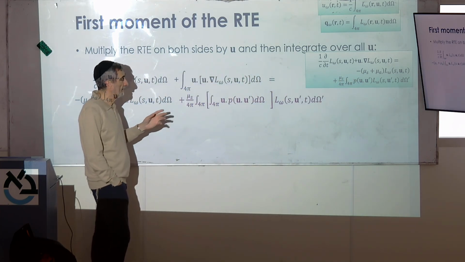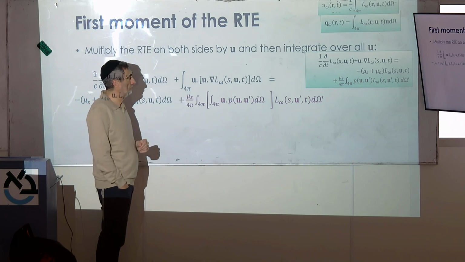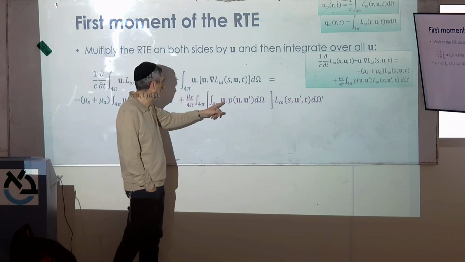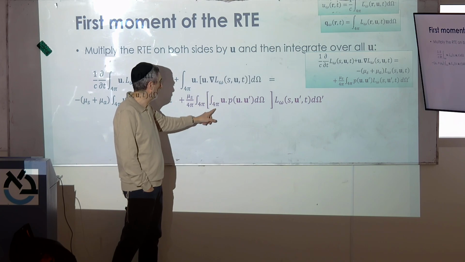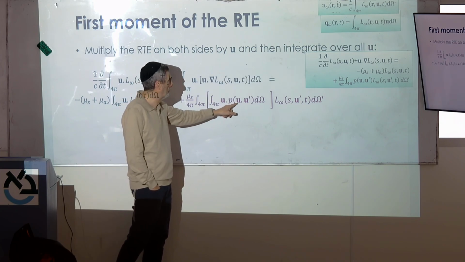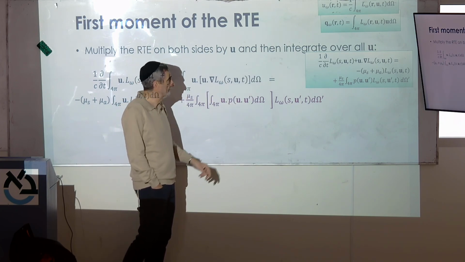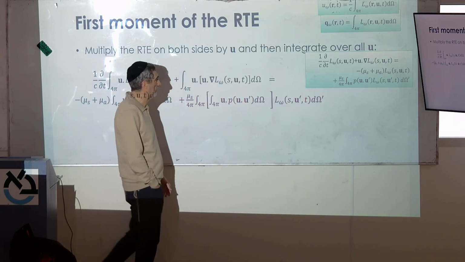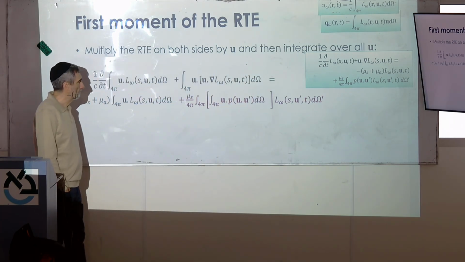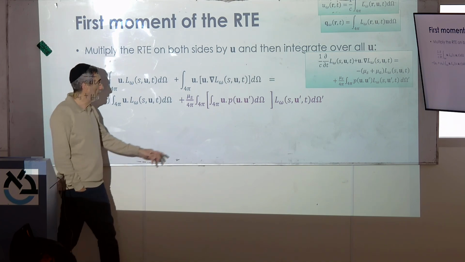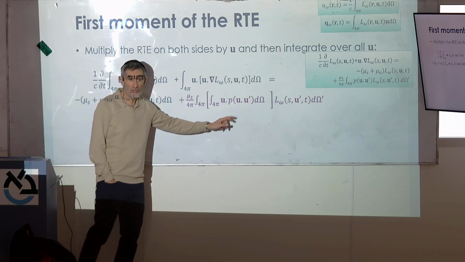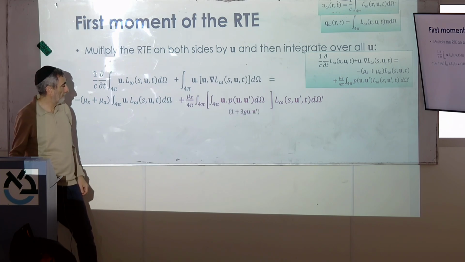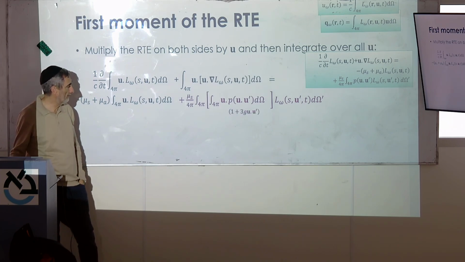Again, I can switch the two integrals and put the external one inside. So I have the integral over 4 pi of U times P of U prime d omega, because I multiply by U and then integrate over d omega. Now let's use the P1 approximation for the phase function.